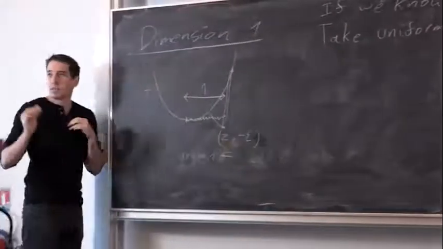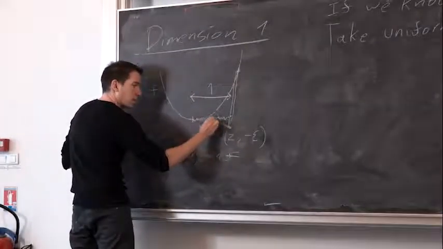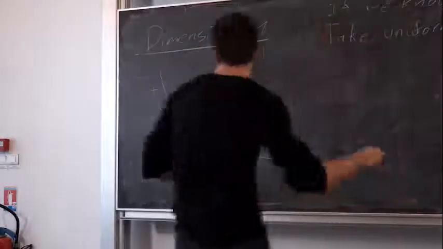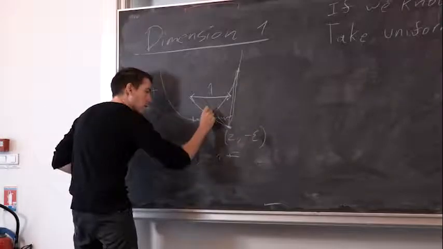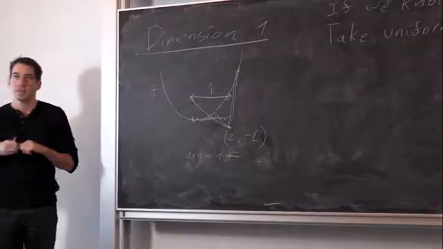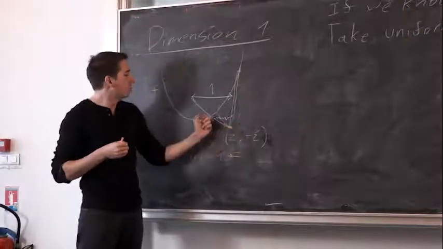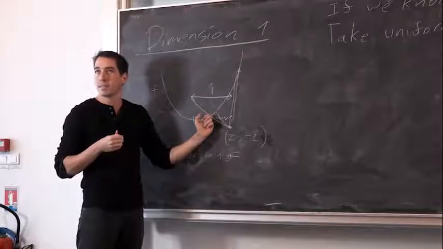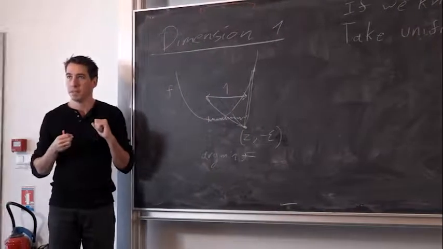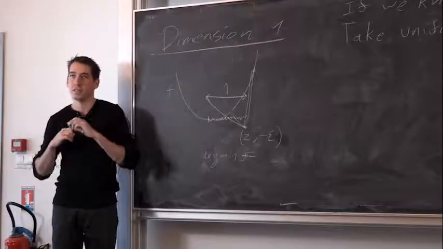And then the easy observation is that if you look at G, it's going to meet F at some point, which we can call x naught. Now, since G passes through minus epsilon, the derivative at x naught has to be at least of order epsilon, right? Because this distance is less than 1, and F is positive.